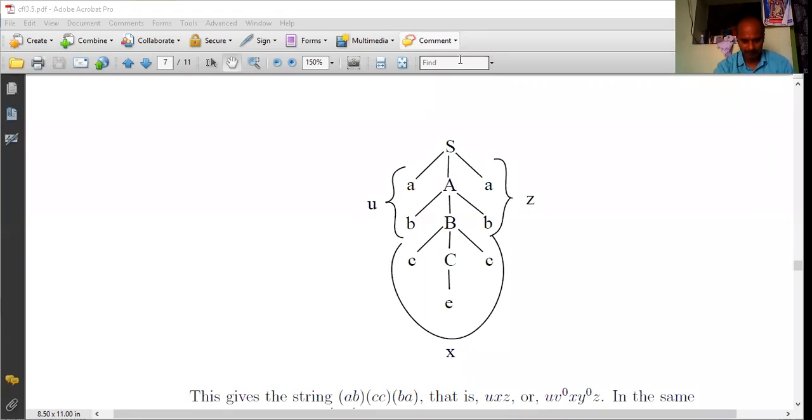After removing the v and y, this yield is also generated by the same grammar. This is the pumping lemma principle. After removing the substrings from the given string, if the resulting yield is also generated with the same grammar, then that language is a context free language.